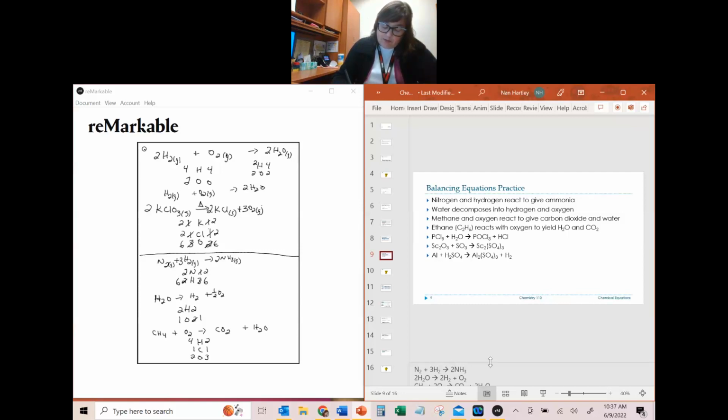Now, since the hydrogens are not right, I'm going to make this be 2. That means I then have the right number of hydrogens. Now I have 4 hydrogens. And I now have 2 oxygens on that. The 2 from there and the 2 from there then give me 4.